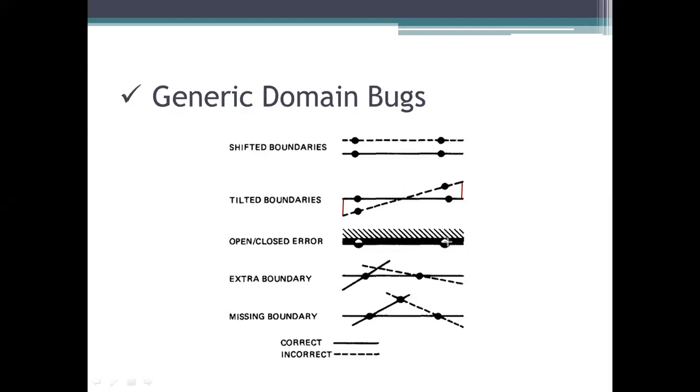If it is open, then it allows you to access multiple values which are not to be in the domain. Then next, extra boundary. Extra boundary means, as I said, the continuity will be there. You are taking the values of the other domains also for processing.